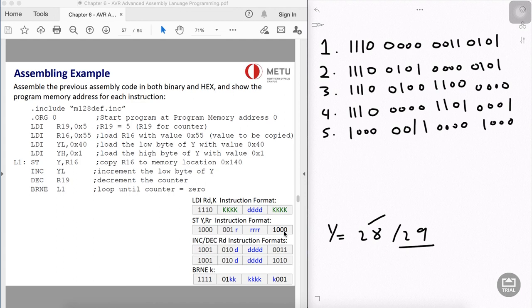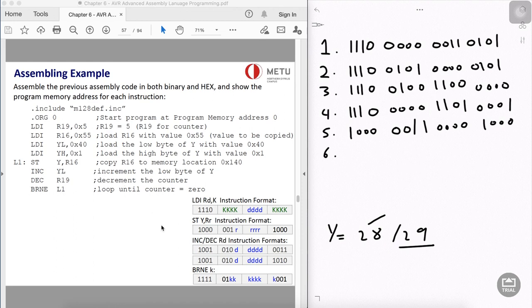So store R16 with Y is given with 1000001100010000.